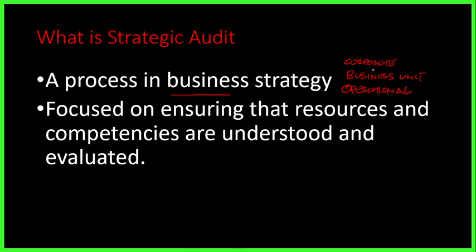Now when we say corporate strategy, this one is concerned with the overall purpose and scope of the business, to meet the stakeholders' expectations. When we say stakeholders' expectations, this is where our discussion on basic financial management and finance comes in.